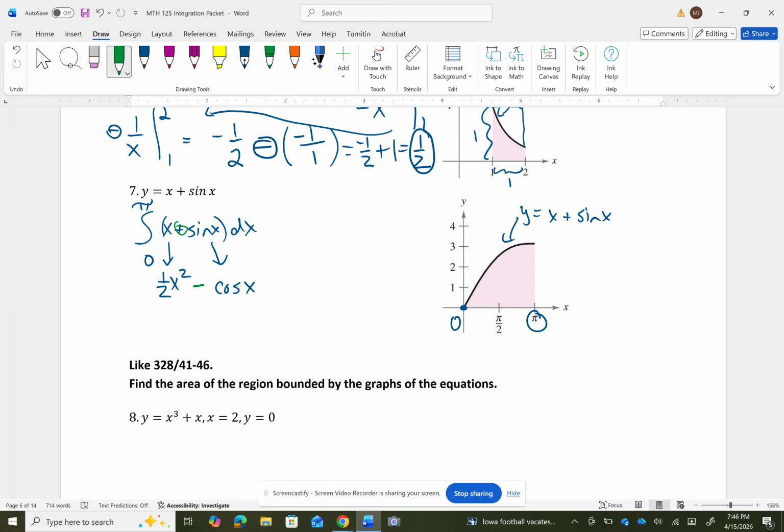So you better put a negative so that when you do the derivative of cosine and get negative sine, when you multiply by the negative, it'll give you what you really want. Okay? So that's actually the antiderivative of the function. We just need to evaluate it from 0 to pi. We're going to plug in the pi first.